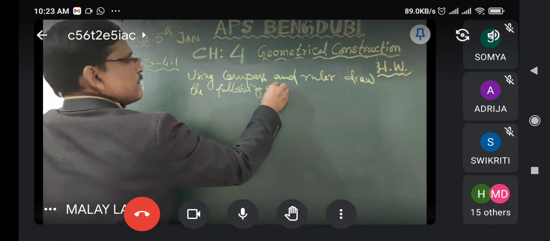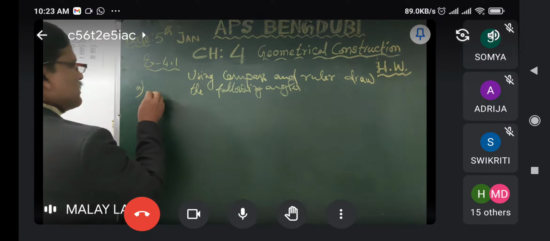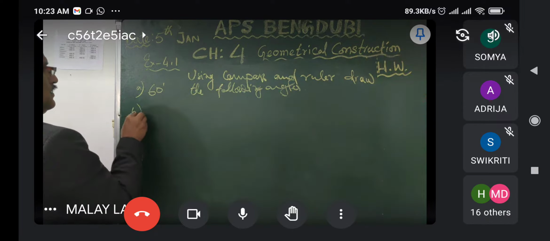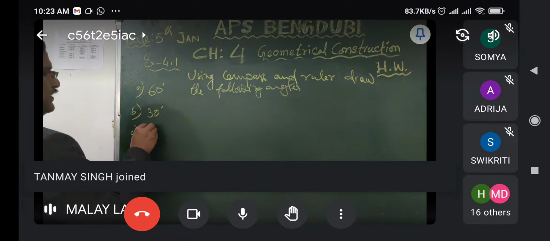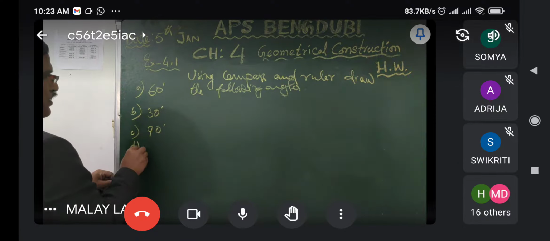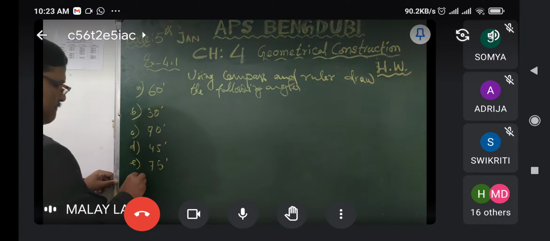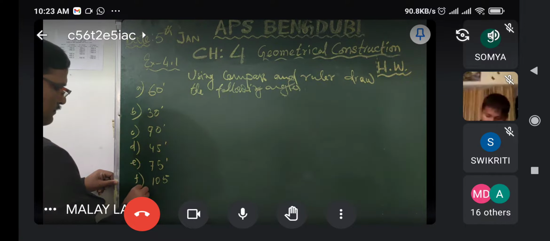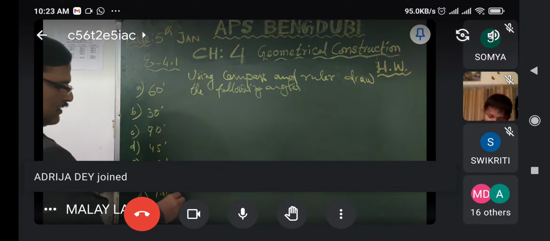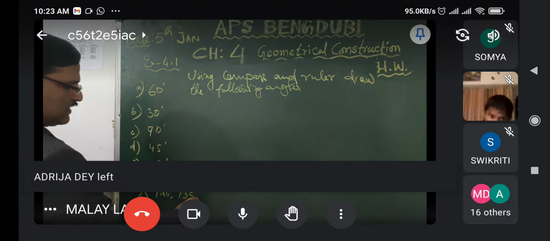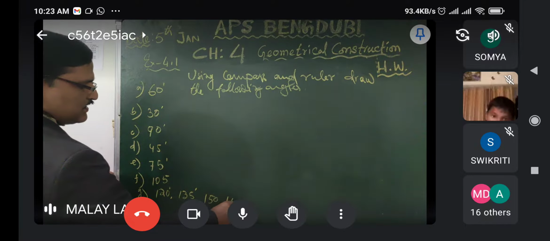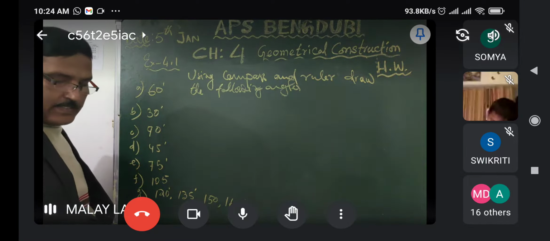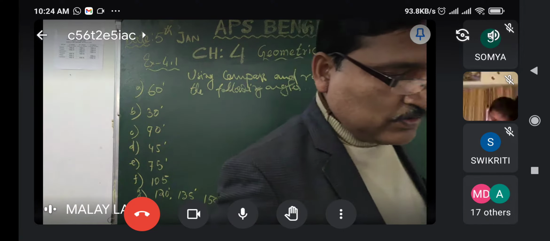Number 1: 60 degree, 30 degree, 90 degree, 45 degree, 75 degree, then 105 degree, 120 degree, then 135 degree, then 150 degree, then 165 degree. These many angles are there. I have drawn them in class 7 also, if you remember.